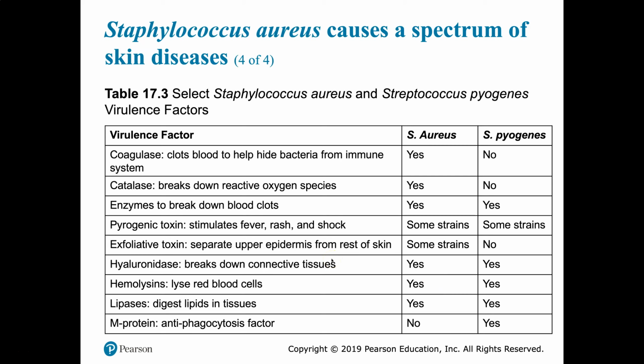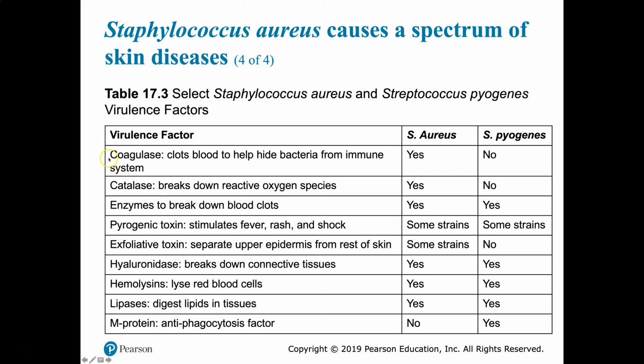It's very important that you know this, because when I give you a case study, I may say they tested for toxins and found an exfoliative toxin or a hyaluronidase, which is an enzyme. Or I could say they found the M protein. So you need to know the ones that I talked about earlier in part 1 of this chapter.